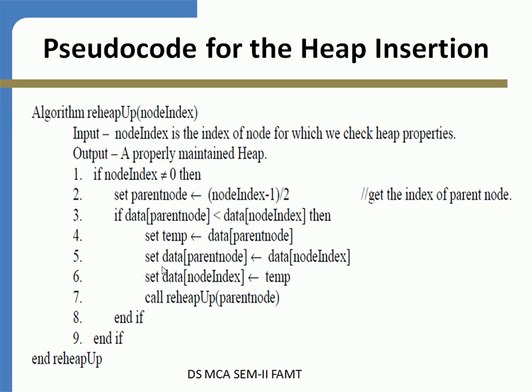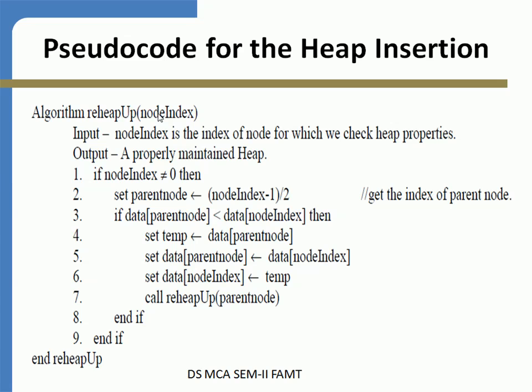After that we go to the parent. We call reheap up for the parent, and then that parent node becomes the node index, and we check whether the parent is less than its grandparent. If so, then swap the value.